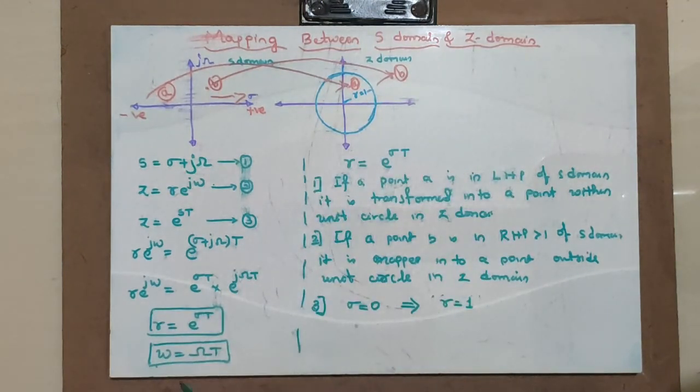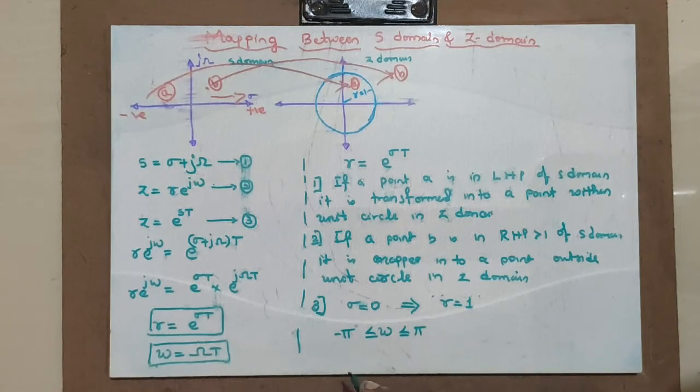But if I see this equation, w is equal to omega T, there is a problem. w can be between minus pi to pi, but omega can be anything between minus infinity to infinity.